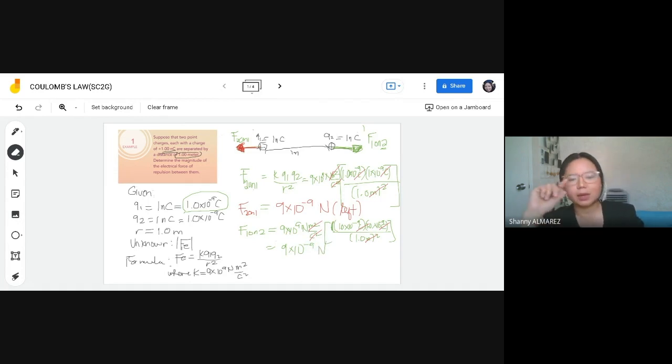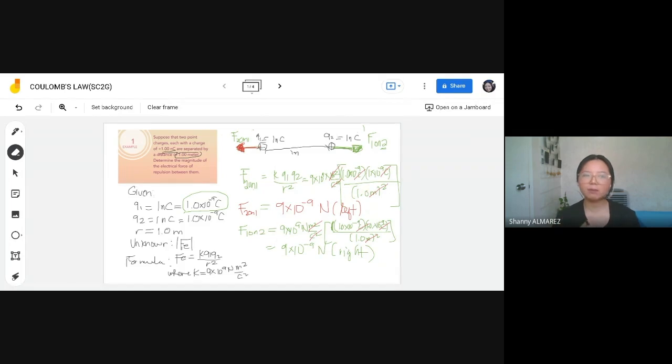However, ano yung pinagkaiba nila? What would now be the correct direction of F1 on 2? This should be very good. Dapat to the right siya. Okay? So this is now to the right. That's why kinukuha natin yung absolute value, because if we will use the signs, pwede tayong malito kung ano ba yung ibig sabihin ng sign, 'di ba?